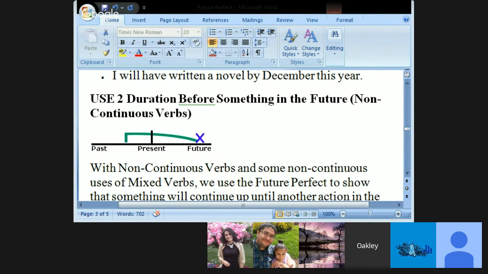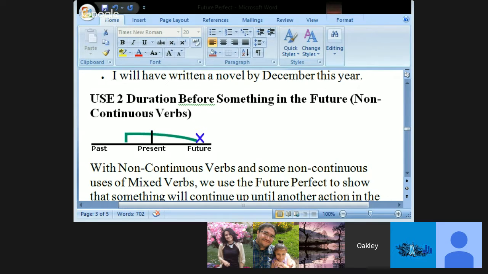Run, swim. Some verbs are either stative or they have a stative definition or meaning. If they're stative, they describe a state of existence, state of being, things like ownership, or they describe an emotion.